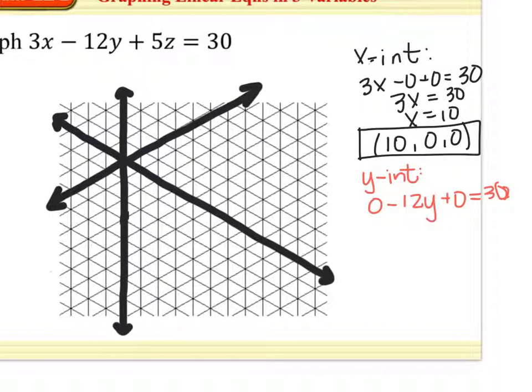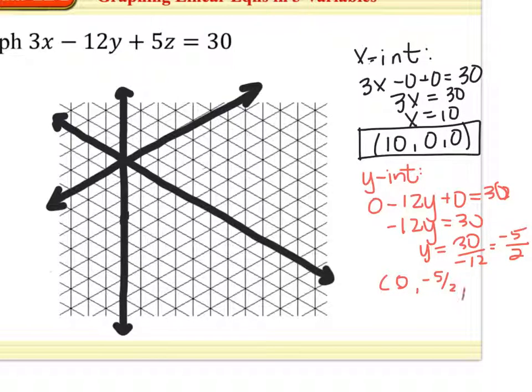So that's going to give me a negative 12y equals 30, or y equals 30 divided by a negative 12, which is really a negative 5 halves. So I have a y-intercept of 0, negative 5 halves, and 0.